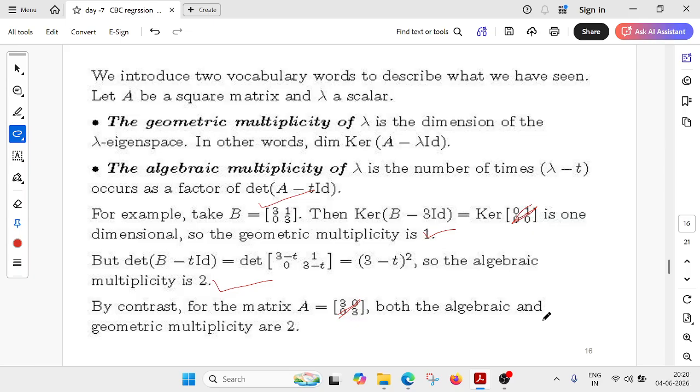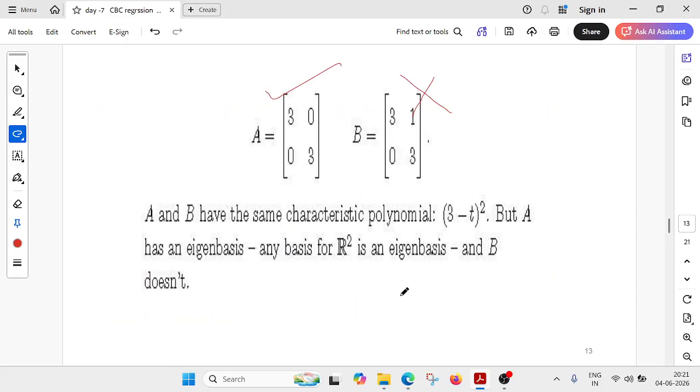Both have algebraic multiplicity 2, but the geometric multiplicity is 2 only for the A matrix. It forms the basis for A but not for B. This is the difference between A and B.